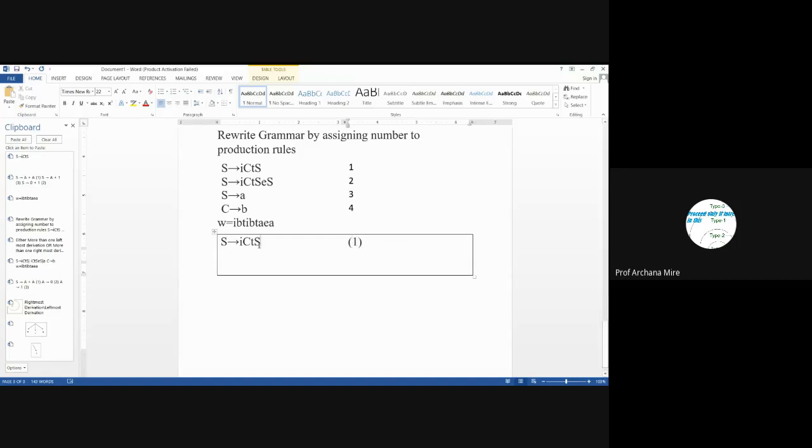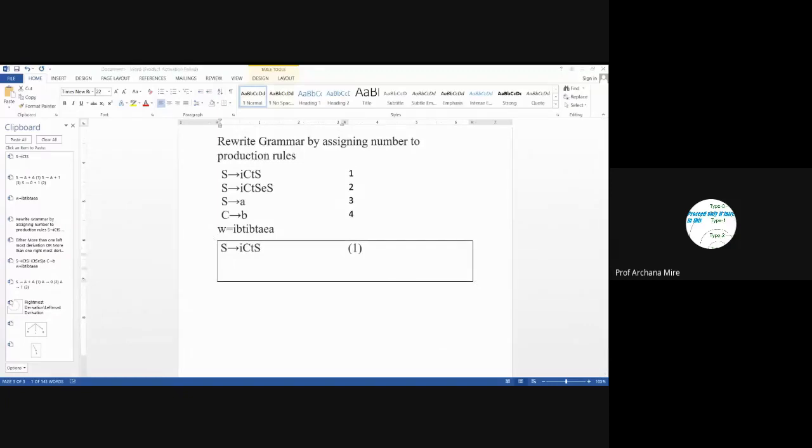Then I have received this symbol i, and I can get this symbol b by using this non-terminal C. So the next production rule I will need to apply on this capital C. Why am I not using a production rule on this S? Can somebody answer?